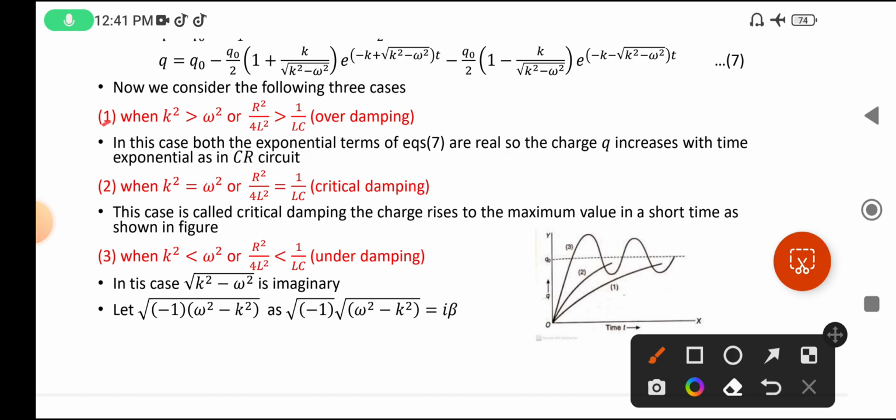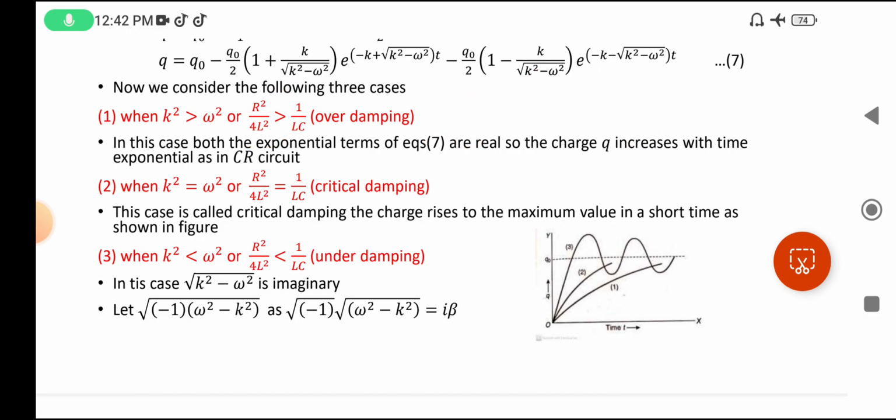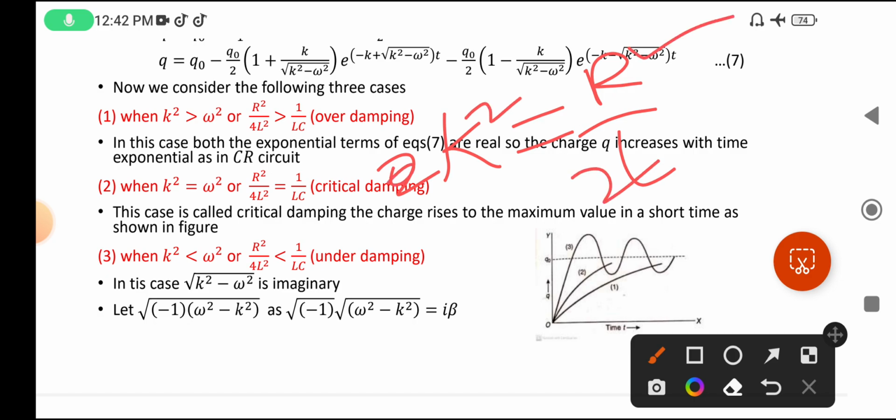When k square is greater than omega square: k we have already taken as 2k equals R by L, but from this we can write k as R by 2L, and squared it is R square by 4L square. Omega square we know is 1 by LC.